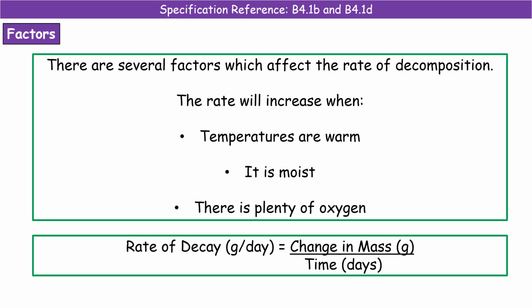So if we want to investigate how temperature affects decomposition, we need to control everything but temperature. So add the same volume of water using a measuring cylinder. Make sure that we turn the material over once every day so that there's plenty of oxygen available. Think about how you can control the other variables if they ask you how to make this a valid experiment.